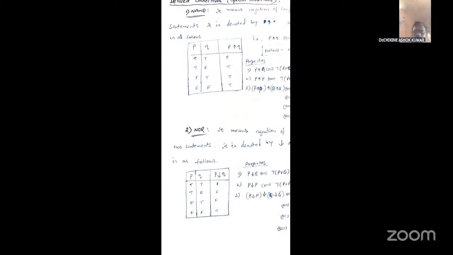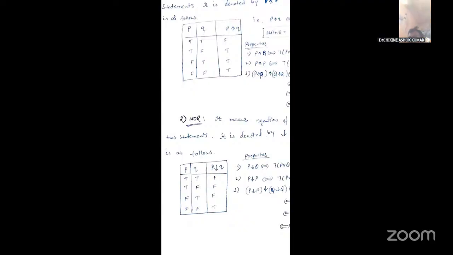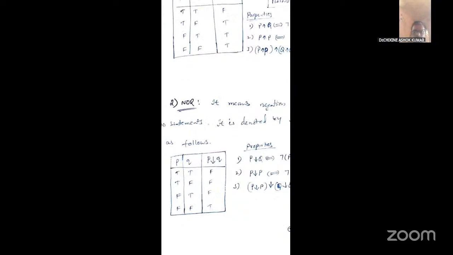So this is the truth table. FF, okay. In the OR gate, we have three true values and one false condition, whereas in the NOR gate, we will get three false and one true statement only. This is about the NAND and NOR gates.